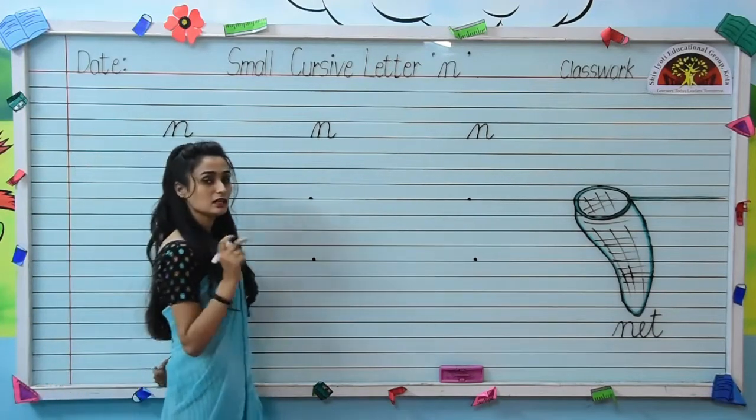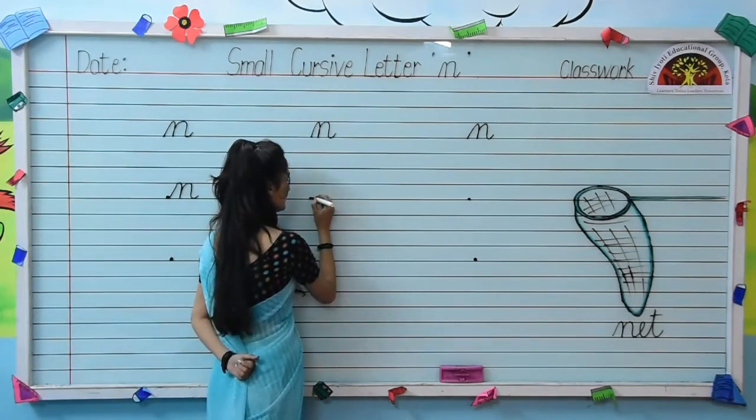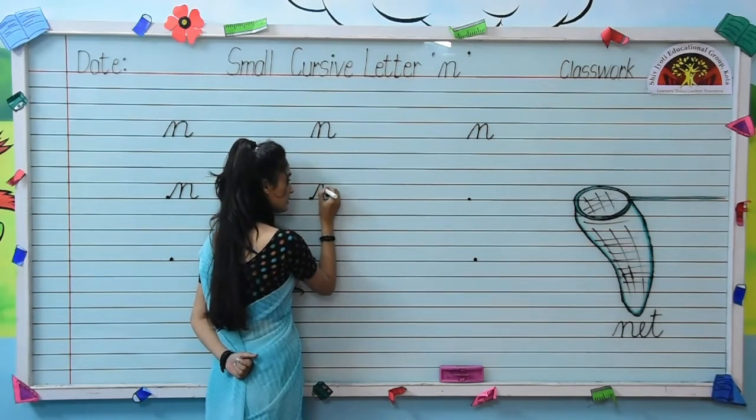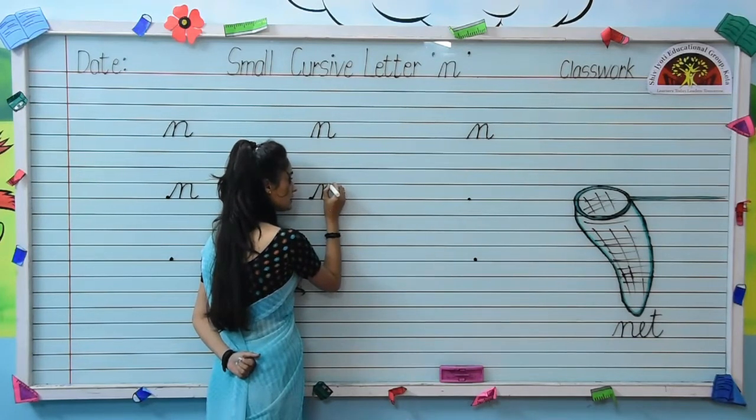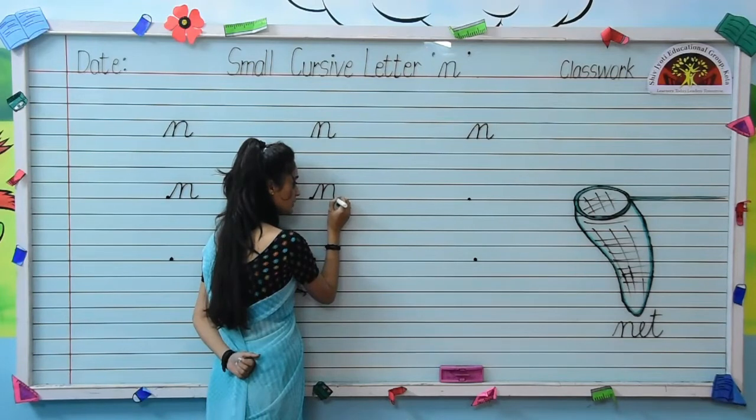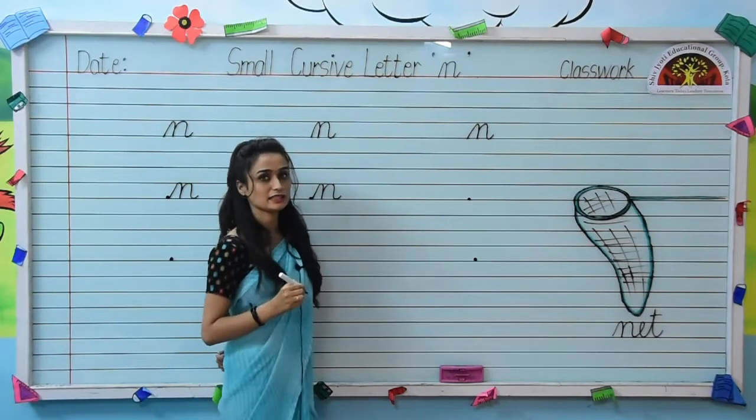Okay kids? Let's see once again. Slanting line up, touch the second line, make a curve, come down, touch the third line, go up again, make a curve touching the second line, come down and go out like this.